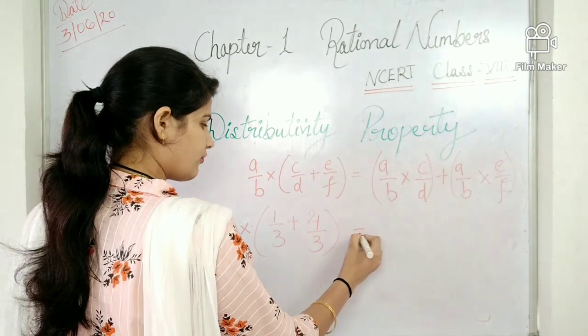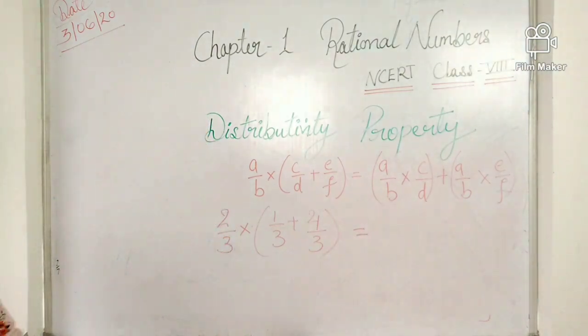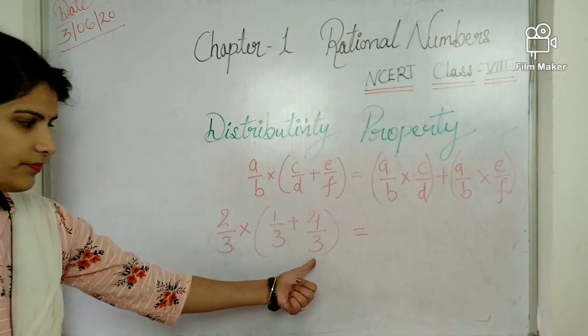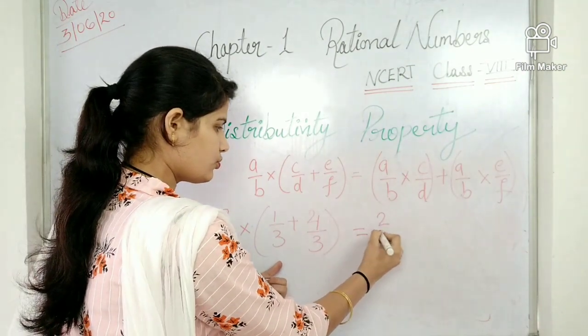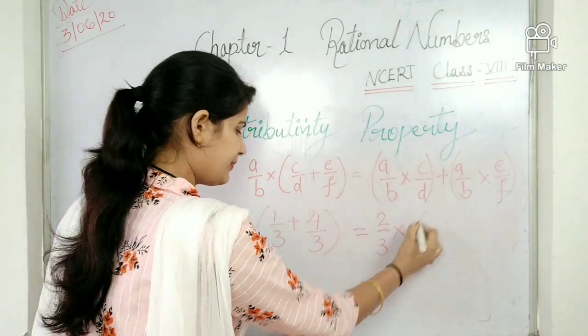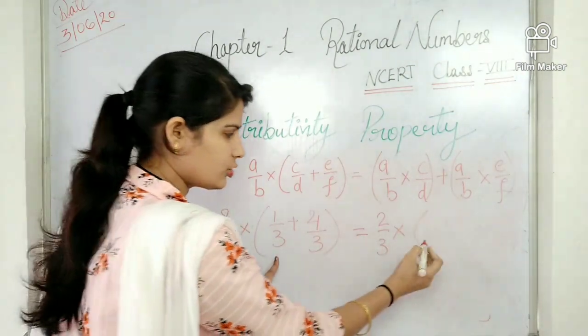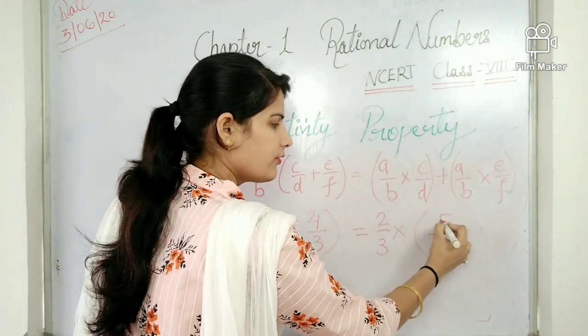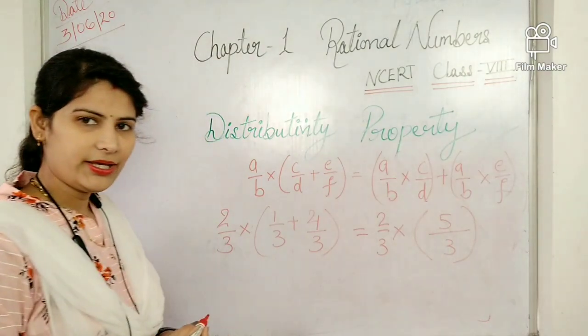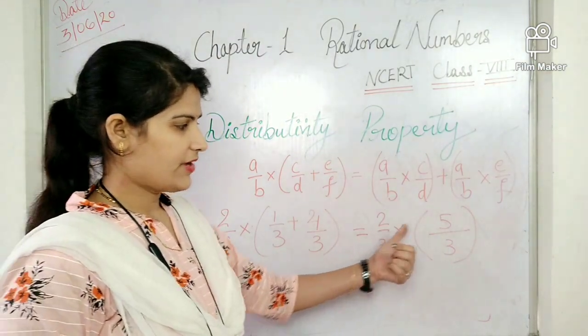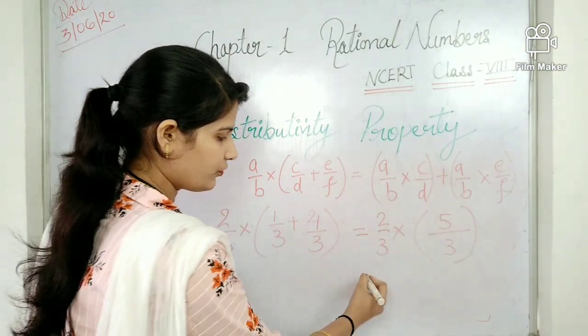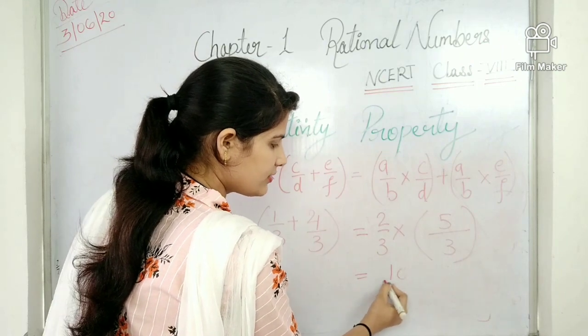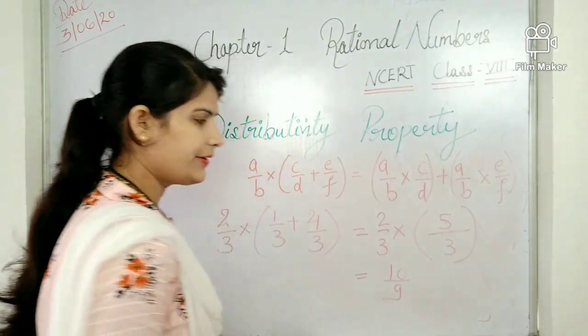Okay, what is the answer? When we solve the bracket, the denominator is 3, and 4 plus 1 is 5. So now 5 into 2, 3 into 3. What is the answer? 10 upon 9.